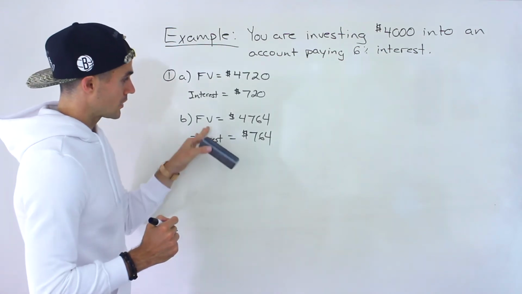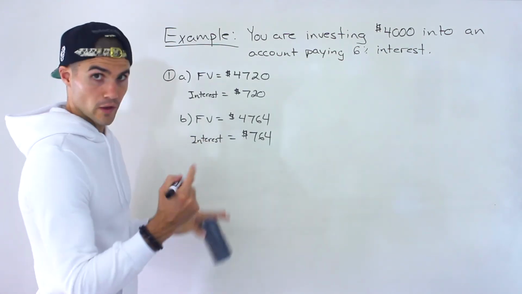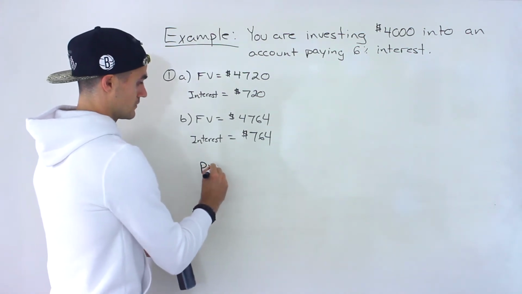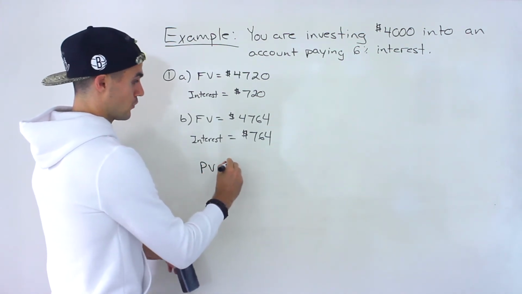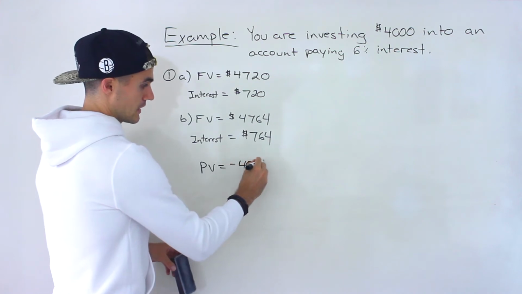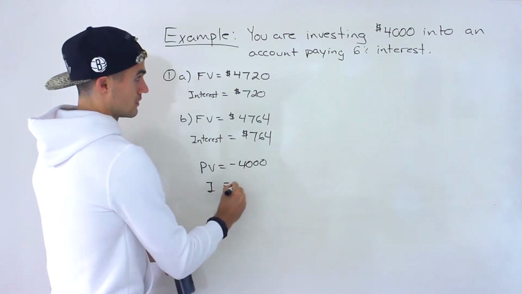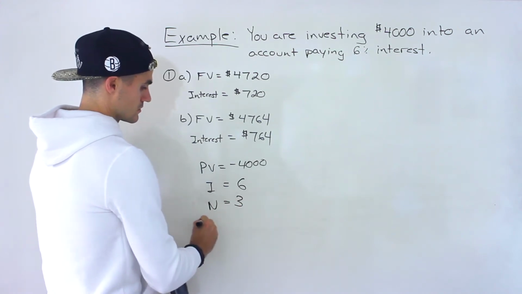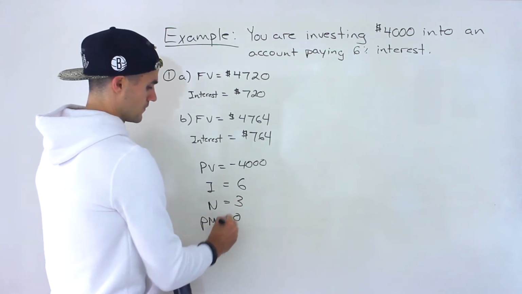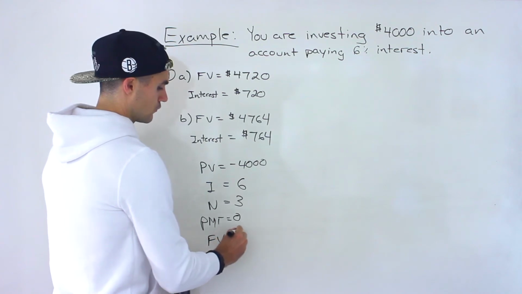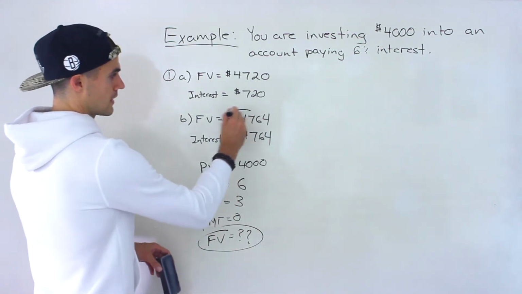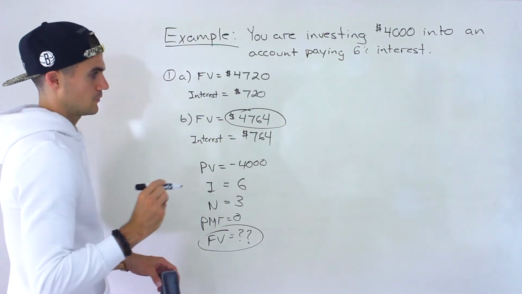Now we can also get this future value amount with the financial calculator, and the way you would do that is you would plug in 4,000, you're investing that, so negative cash flow, the interest rate is 6%, for 3 years, there's no payments in between. And so when you solve for that future value, you would end up getting that amount right there.